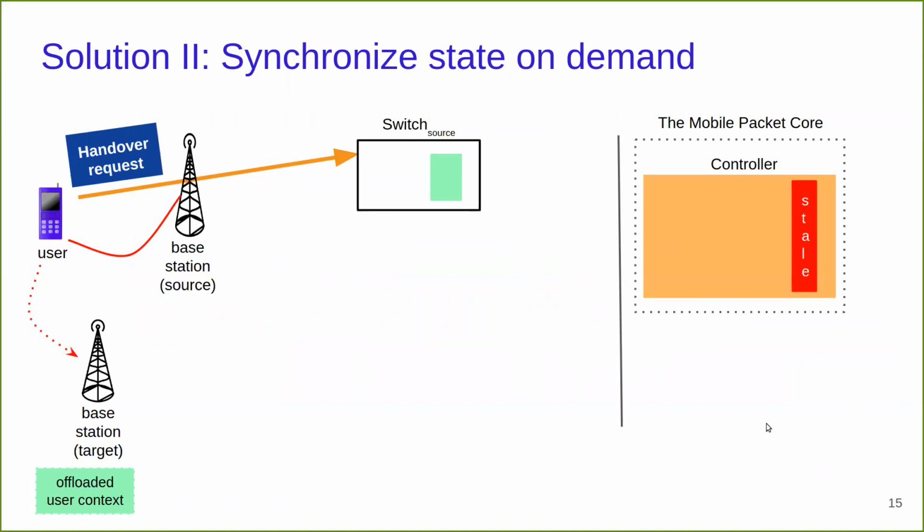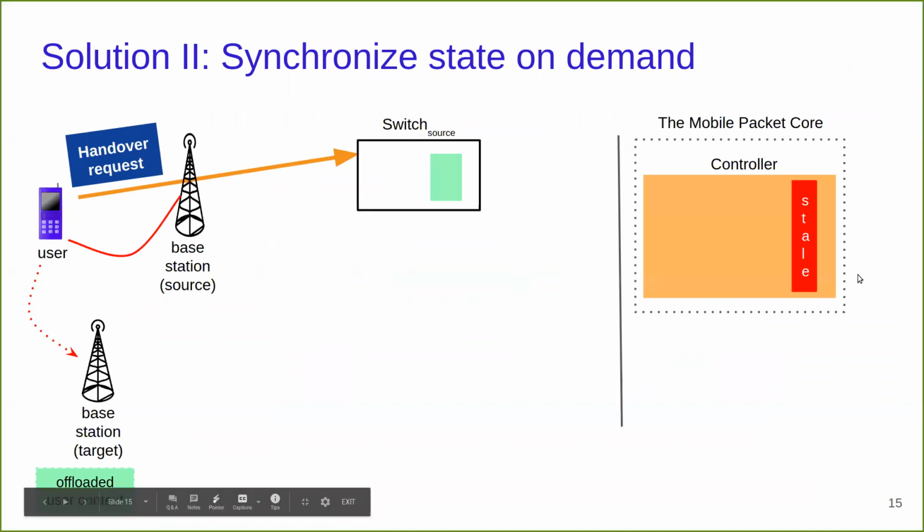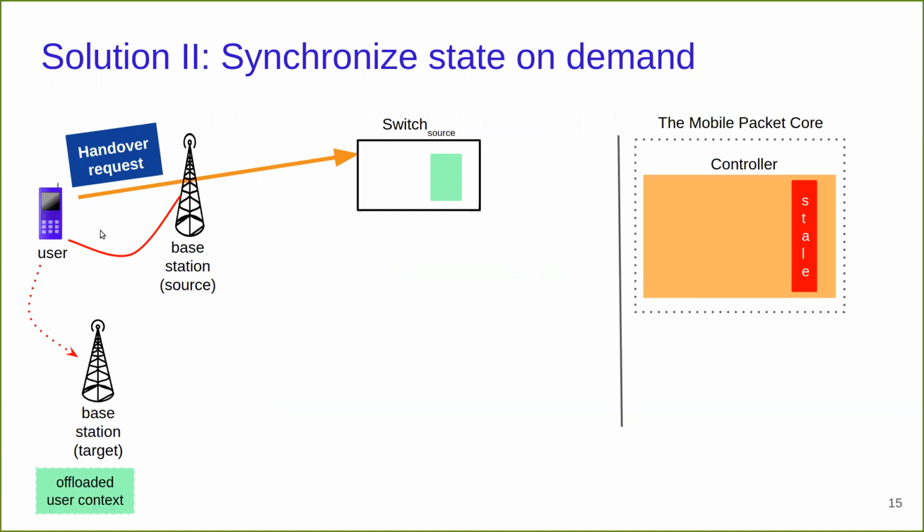For example, the user is moving from the location of the source base station towards the target base station. The handover request arrives at the source base station and traverses to the core via the edge switch. The switch looks up the offloadable user context and piggybacks this context with the packet before forwarding it to the core.